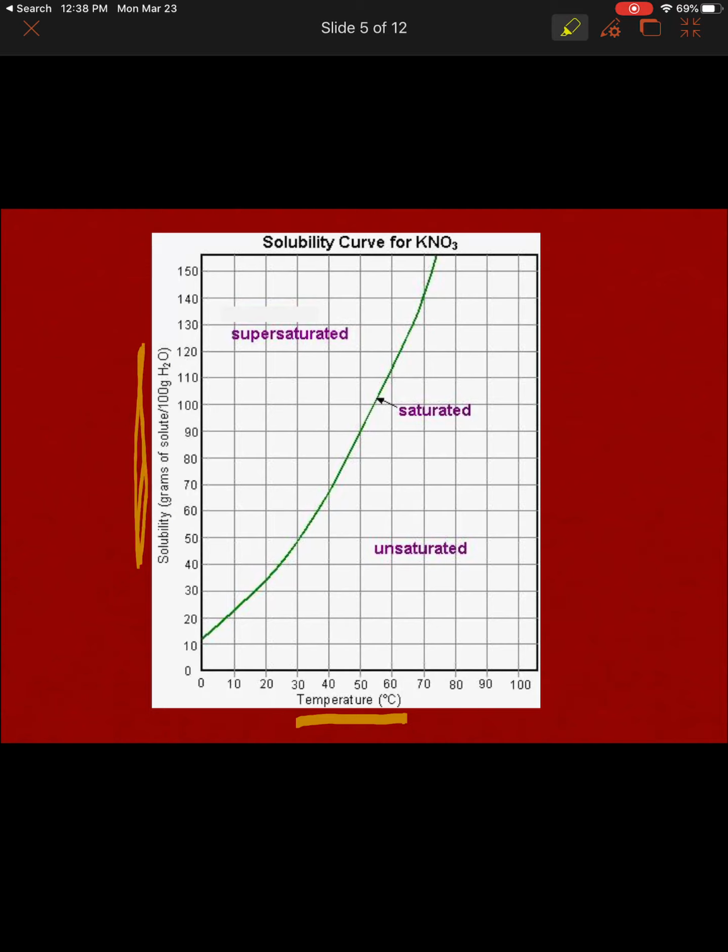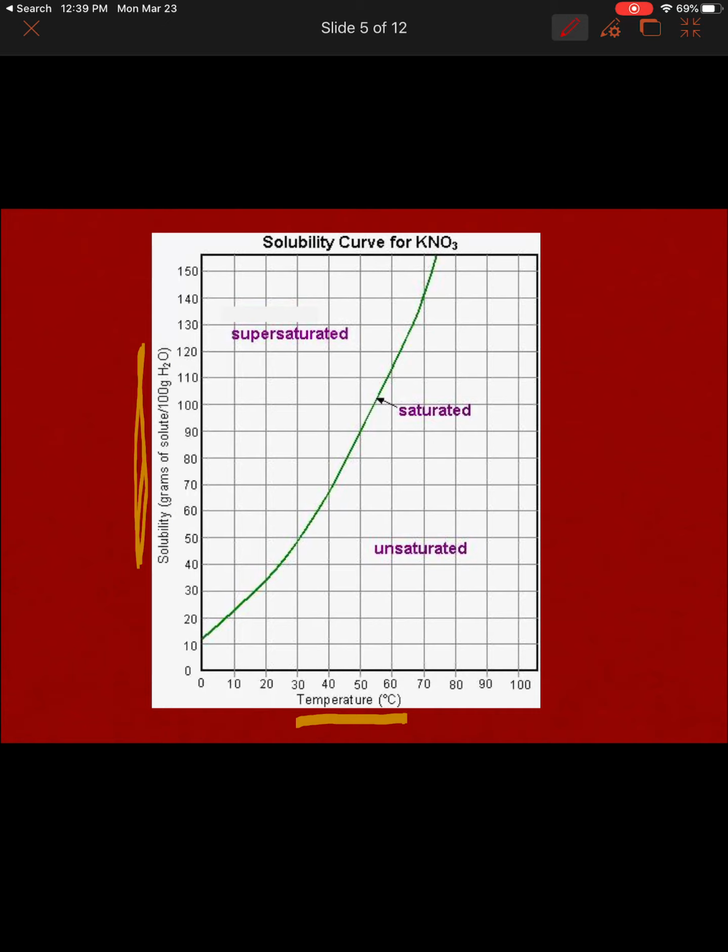If you think about these as the x and y axes, here we have a grid with a whole bunch of different coordinates. If you were to plot any two points, and those two points landed directly on the curve, the solution you would be describing would be considered saturated.